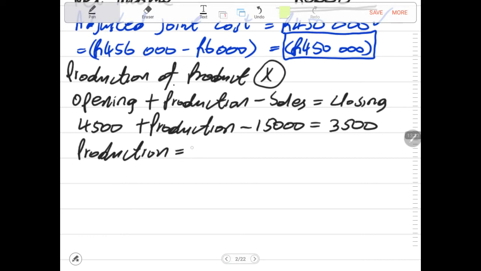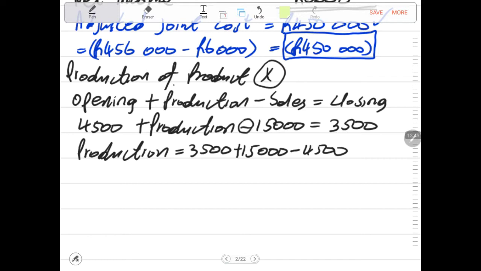Meaning now we will have to say 3,500 plus 15,000 minus 4,500. Now that means we have to cross the 15,000 over the equal sign and also the 4,500.